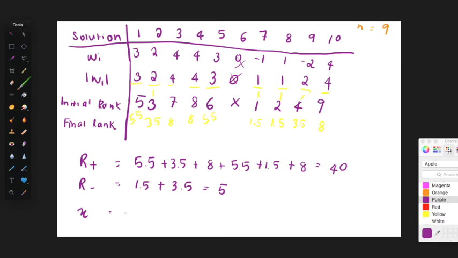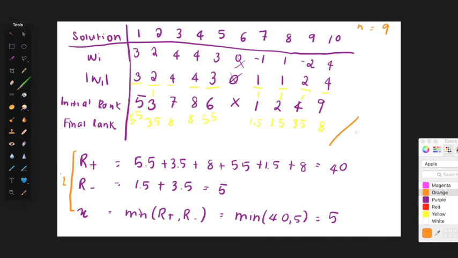So x is going to be the minimum, because it's a two-sided test, so it's going to be the minimum of R plus and R negative, which is the minimum of 40 and 5, and the minimum obviously is 5. So that's my second part. Let's label that as the second part. And this whole part here was just part 1 of the test statistic.